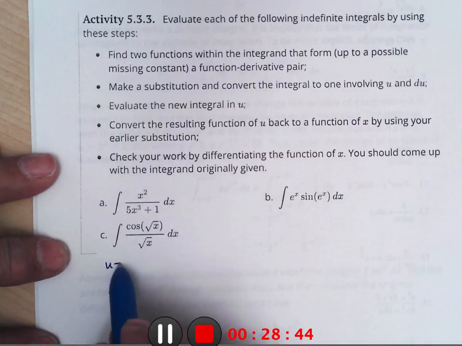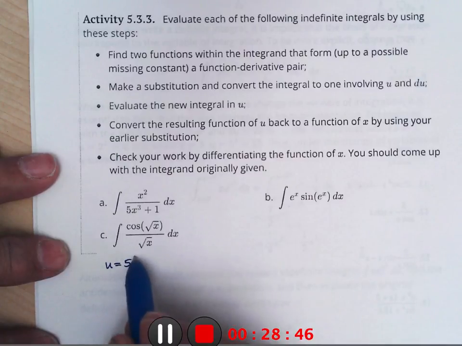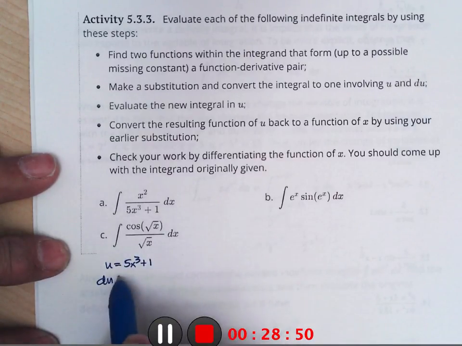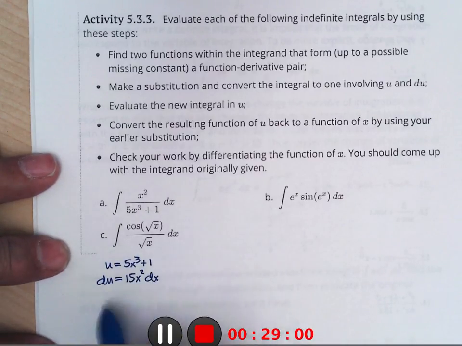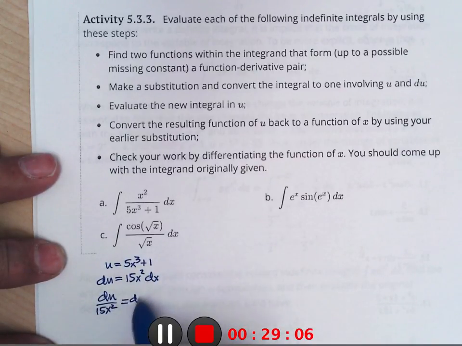5x to the third plus 1. du is going to create an x squared. It's going to make 15x squared. So if I divide by the 15x squared, I get du over 15x squared. And that x squared is going to be in the denominator.